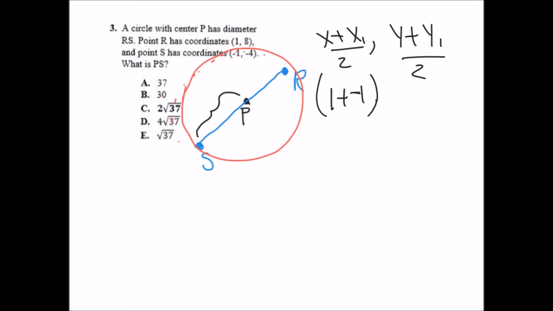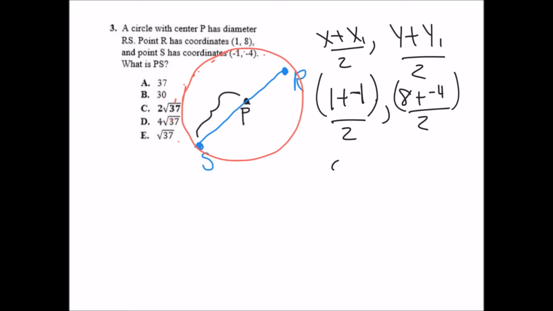using the midpoint equation, x plus x1 divided by 2, y plus y1 divided by 2. In this case, the first x is 1, plus the second x is -1, divided by 2, comma, the first y is 8, plus a -4 divided by 2.